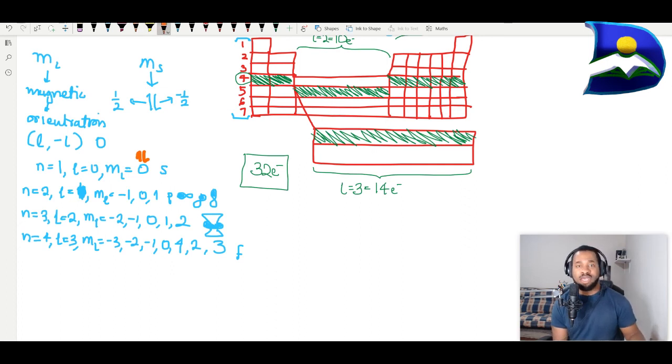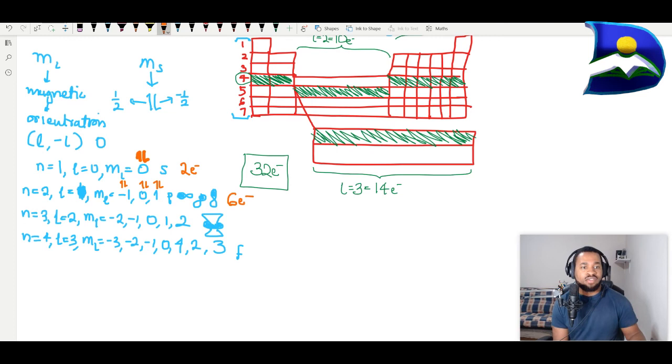For the p orbitals, we have 3 suborbitals, where only one electron is assigned first, and then you pair it up with the opposite spin. In total here, we have 6 electrons. So the s orbital has 2 electrons, the p orbital has 6 electrons.